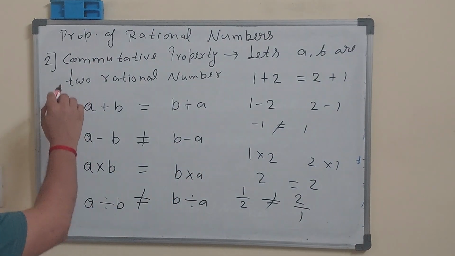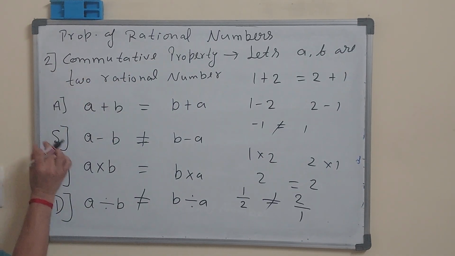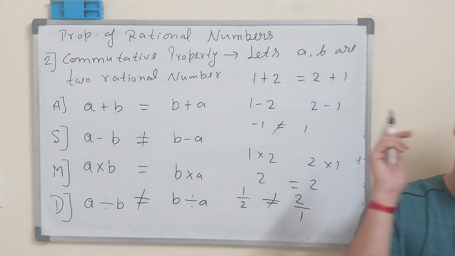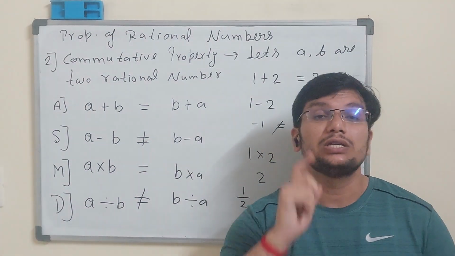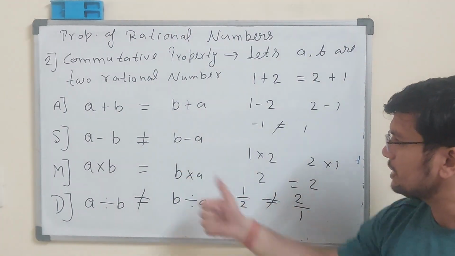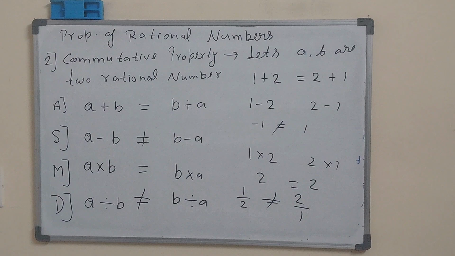So commutative property in the case of division and subtraction is not valid for rational numbers. But commutative property in the case of addition and multiplication is valid. Is it clear or not? Please move on.